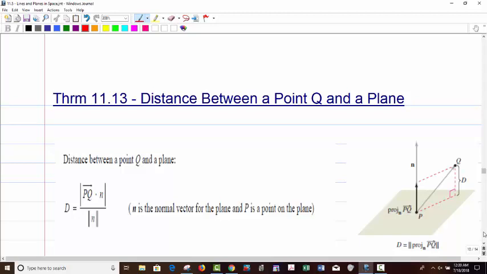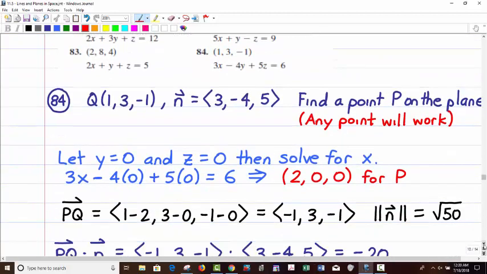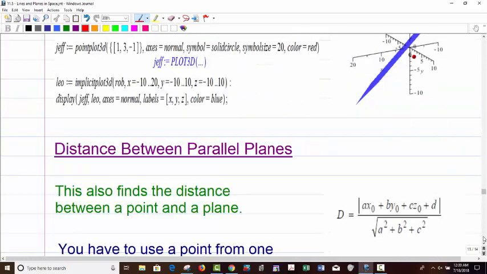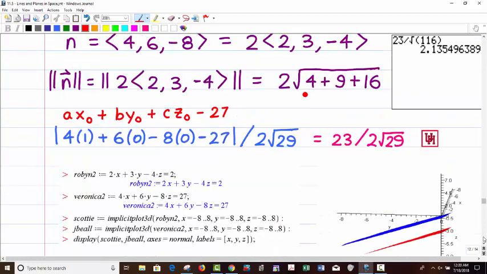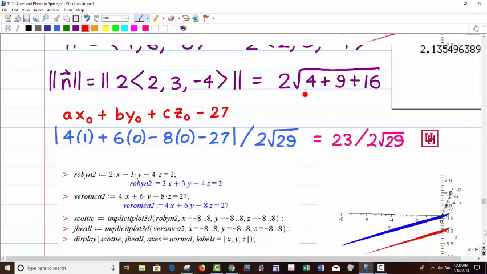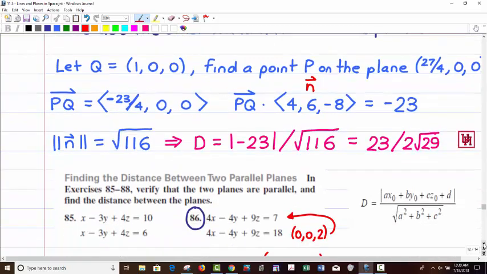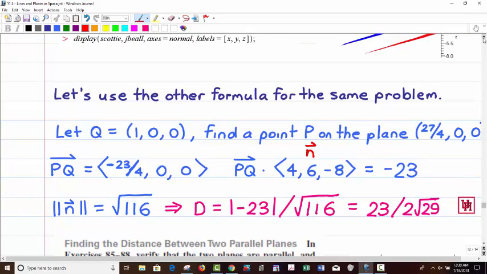Next part, I just use the other formula. So I found the Q, and then I let P be a point from the other plane, and then I did the PQ and dotted it with the N, and essentially I came up with the same answer.